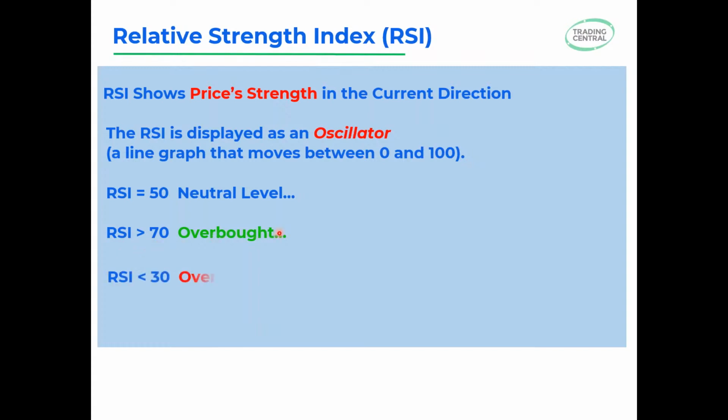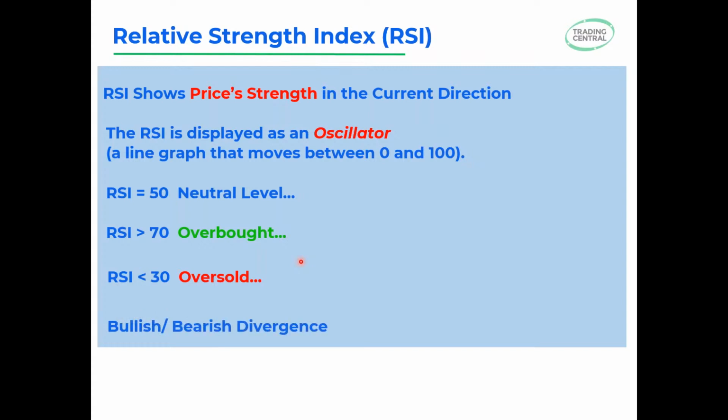Same, at the 30 level, RSI is oversold. It doesn't mean that you are going to buy into it, because RSI can stay below 30, and the stock could stay oversold for quite a while.